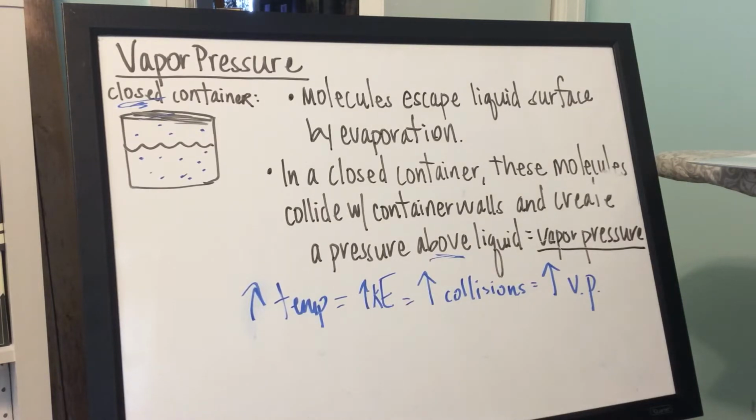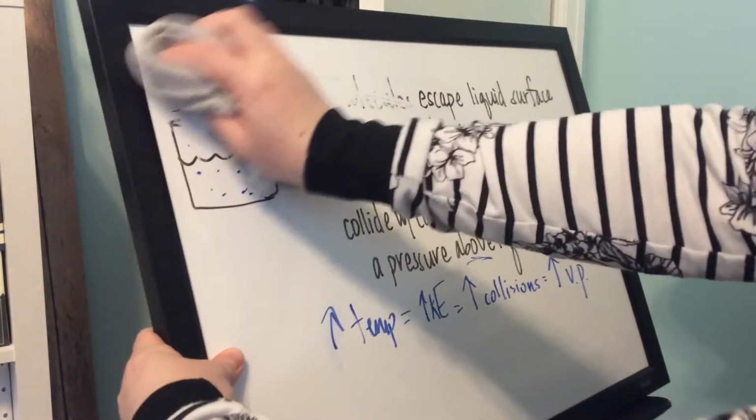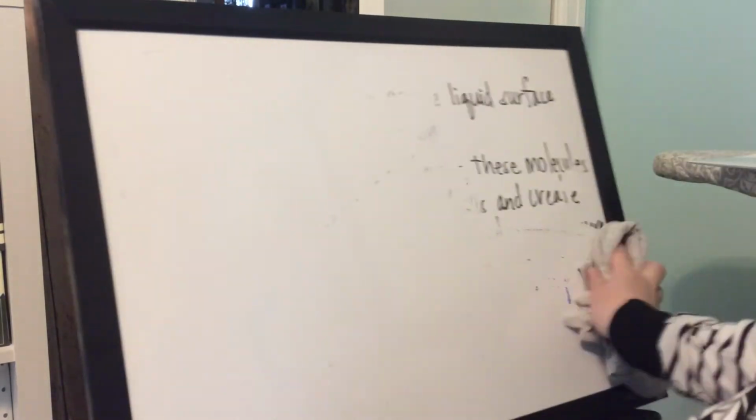All right, so let me erase this. I have somehow lost my black dry erase marker, so we're going to blue. Okay, so let's see. Vapor pressure at the molecular level.